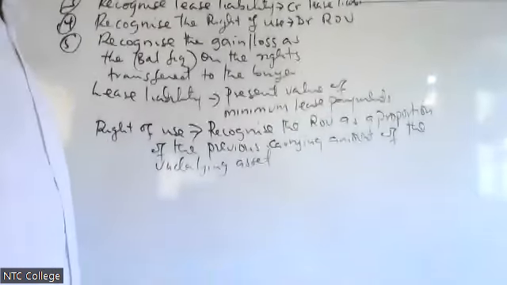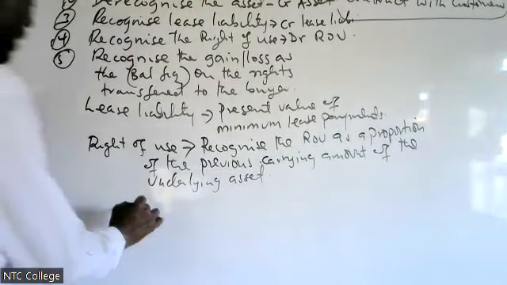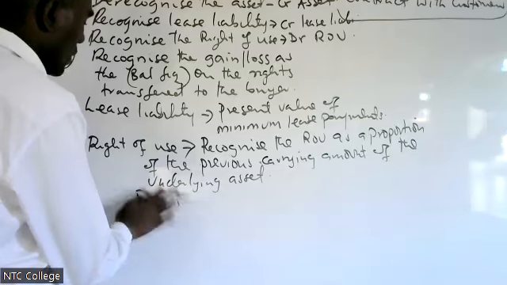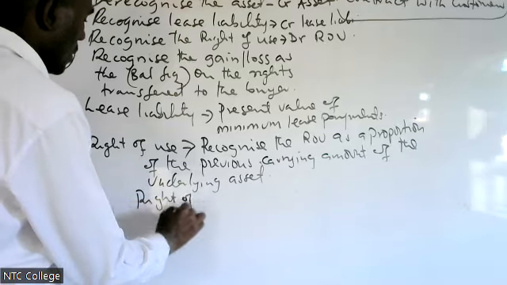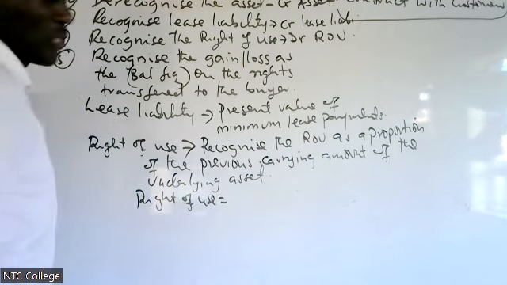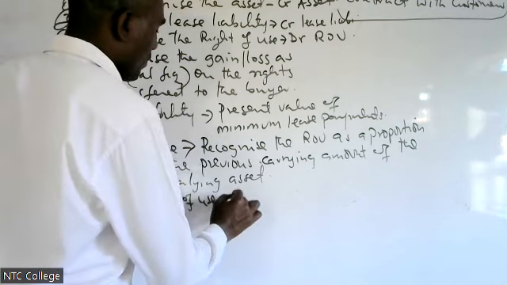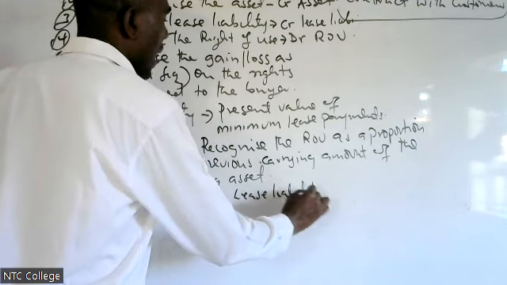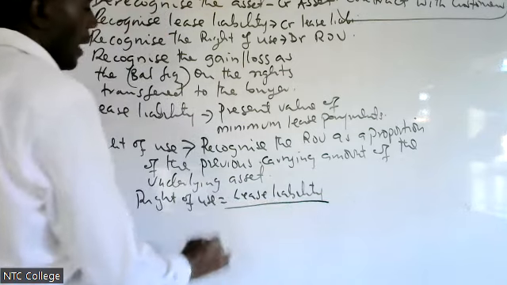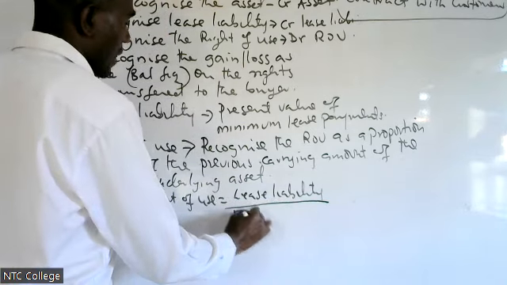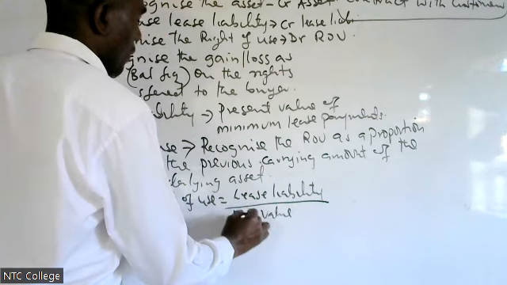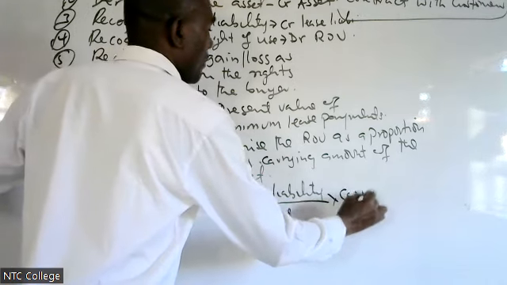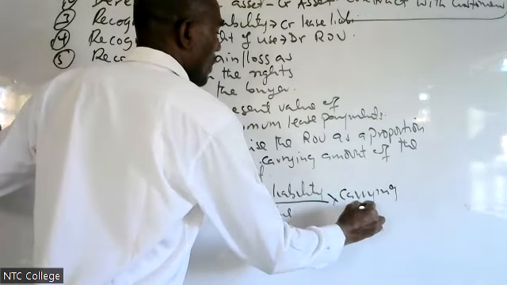Now, how do you get the right of use? Right of use equals, you are going to take the lease liability, multiplied by fair value of the asset, then you multiply by the carrying amount of the asset.